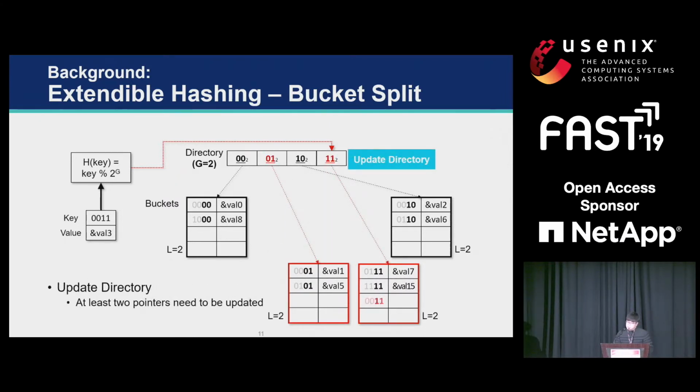As we split the bucket, we need to update the directory so that each split bucket is pointed to by the directory. Note that we need to update more than 2 pointers, which is not failure atomic. In this example, the overflowing bucket is pointed to by 2 pointers, so we don't have to increase the size of the directory.